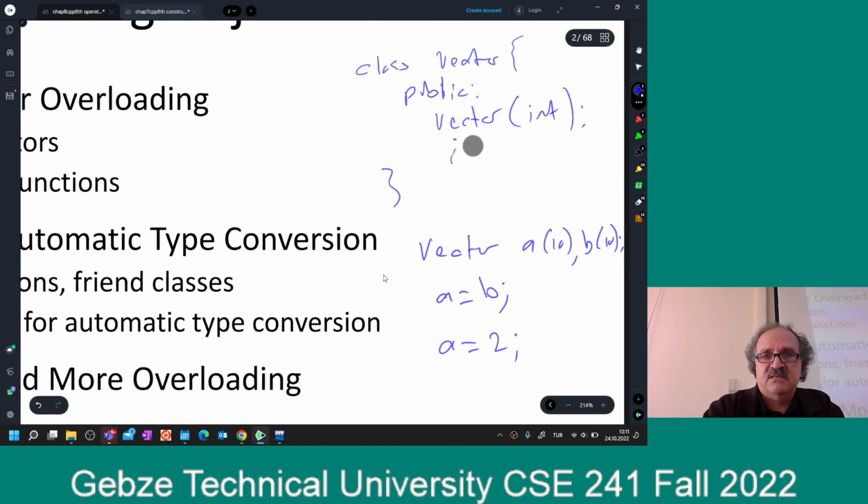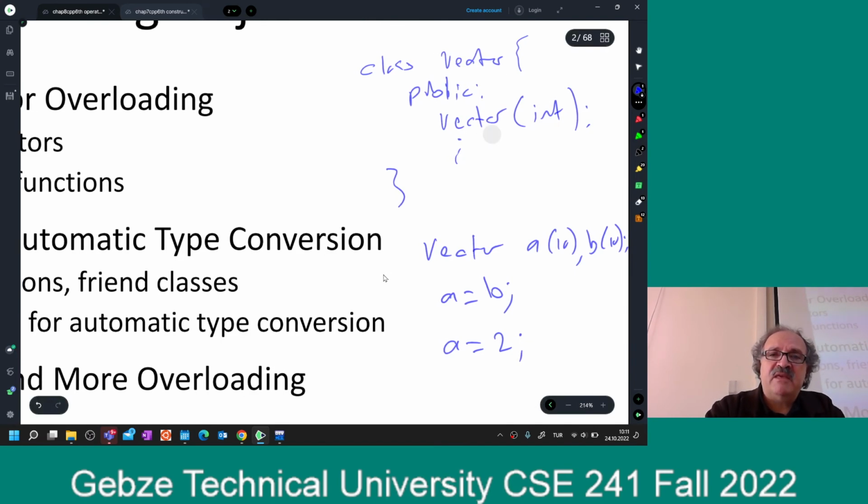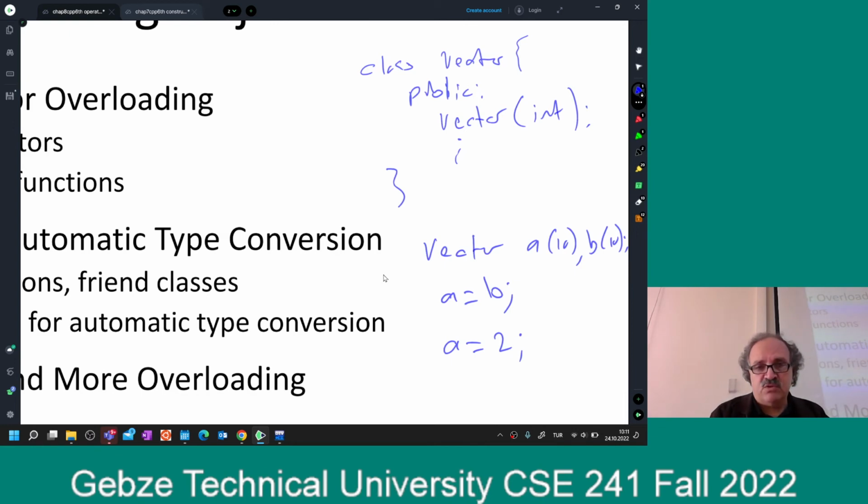The answer is yes. If you give me an integer, I will make a vector out of it. So this will make a temporary vector of size 2 and do the assignment. This is very different from what I intended. This is very confusing.